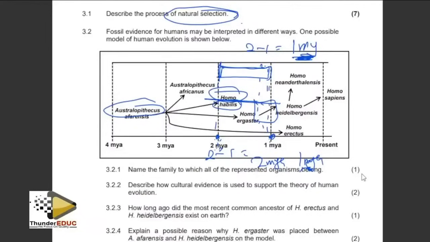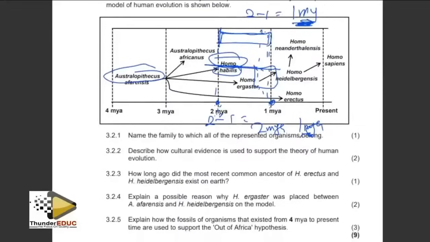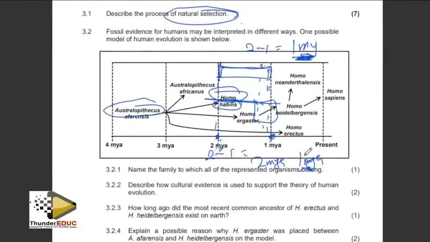Then, what are they saying? Explain the possible reason why Homo ergaster was placed between Australopithecus afarensis and the Homo. It means that this is a transitional fossil, meaning that it has characteristics of this organism and also characteristics of that one.